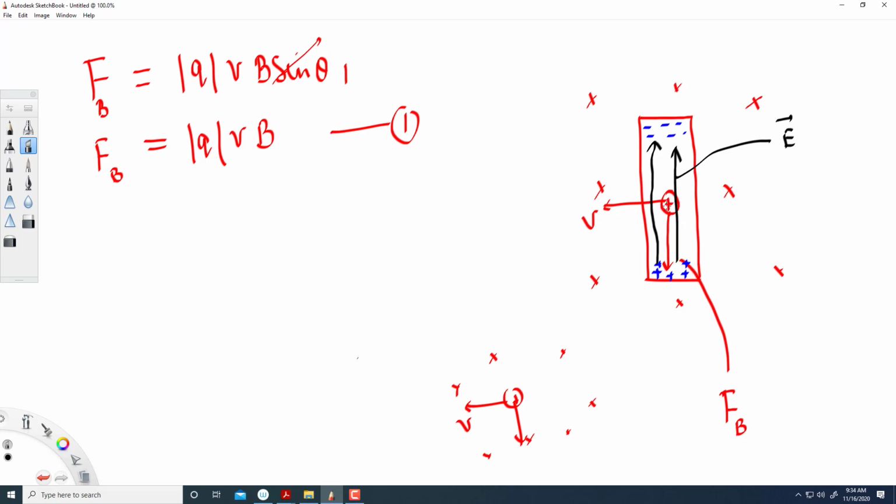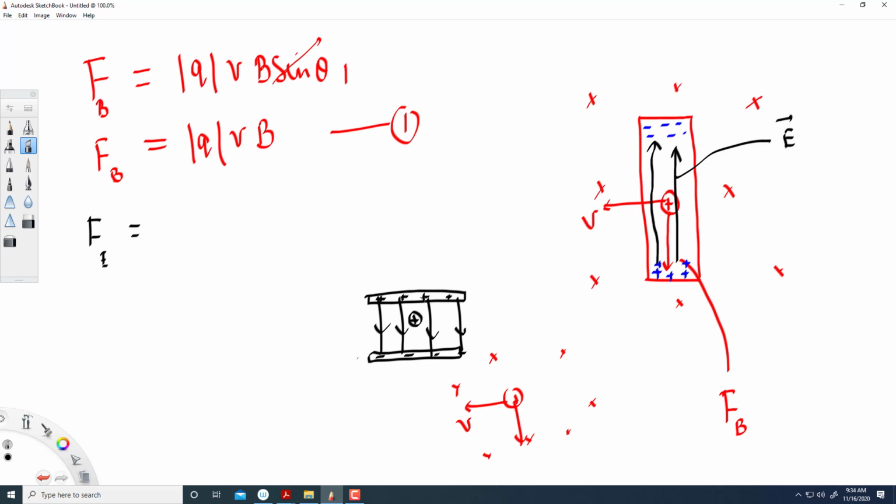So this will feel some force due to that electric field, which is given by, do you remember? When you place a positive charge in an electric field like this, say a proton, which way will the proton be pushed, down or up?